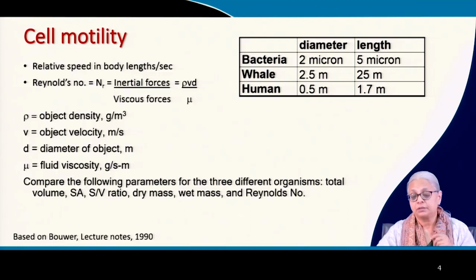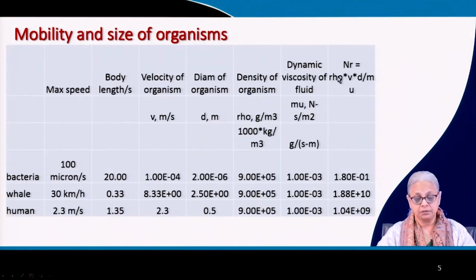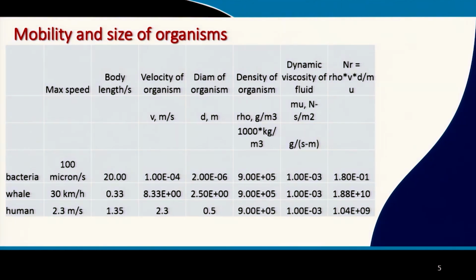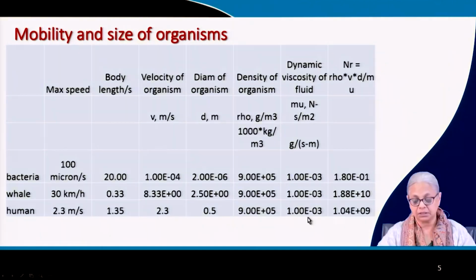I can calculate this based on these dimensions, as well as assuming the viscosity. I have assumed a viscosity of 10 to the power minus 3 Newton second per meter square, and we have a maximum speed. Let us say the maximum speed of bacteria is 100 microns per second.